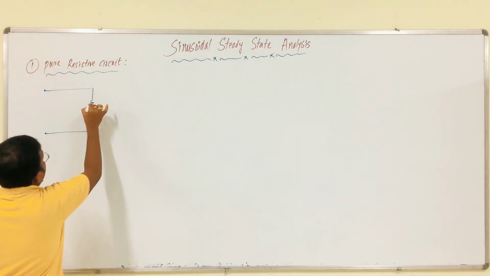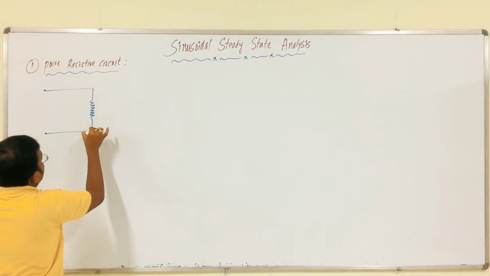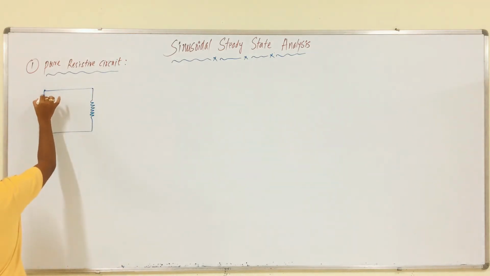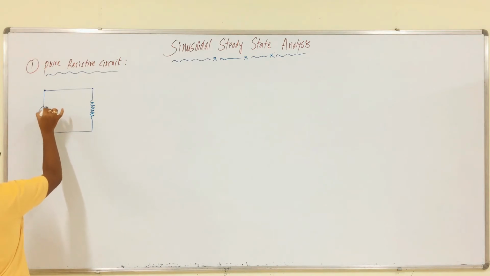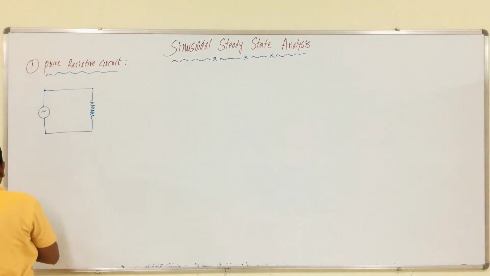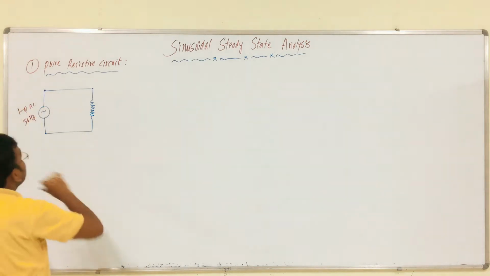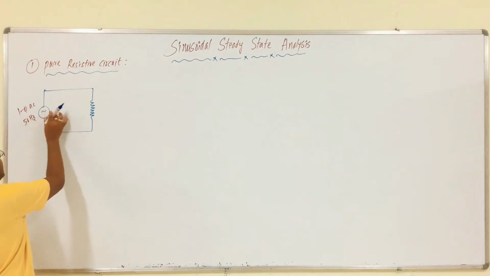So, we have only resistance, a pure resistive circuit. This is a single phase AC 50 hertz source. This is the representation of single phase AC excitation, clear.